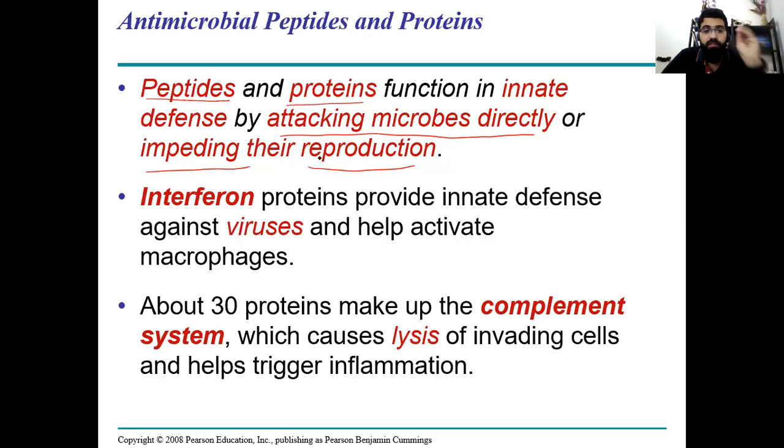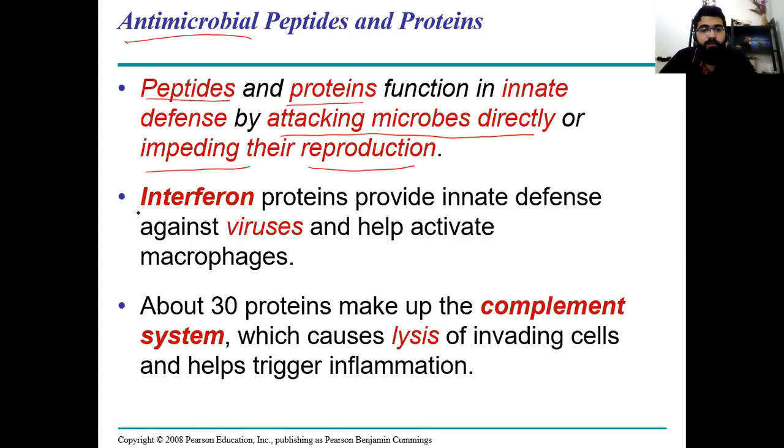The pathogen enters the host cell and starts using its tools to reproduce and increase. Here the peptides and proteins, which we call antimicrobial peptides or proteins, attack these microbes, destroy them and stop their reproduction.